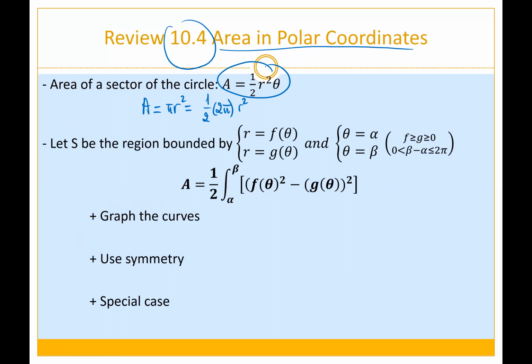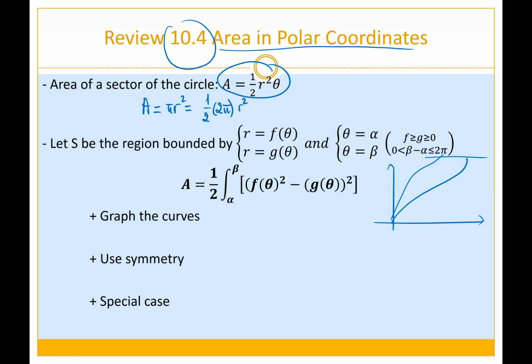Now, if you have S be the region bounded by two curves, and it's this angle, and your graph doesn't have to look like a straight line, it can be a curve as we just have in f theta, g theta, excuse me.